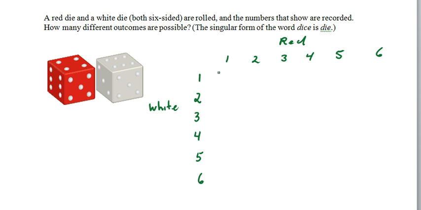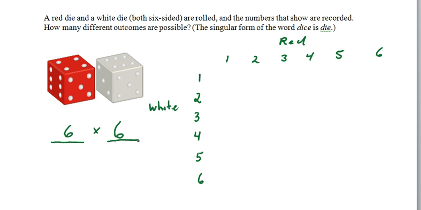And so this time we can see that for the first die there are 6 possible outcomes. For the second there are 6 possible outcomes. So there are a total of 36 possible outcomes here.